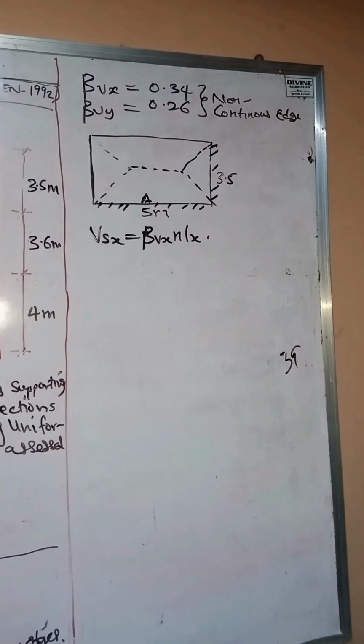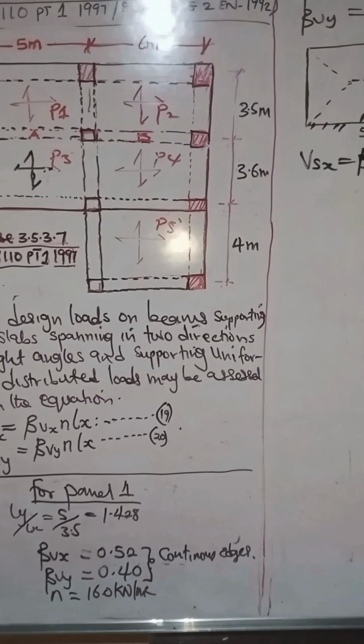So take note of the edge, which is beam A. Since we are loading the continuous edge, we'll look for our beta Vx value for the continuous edge. Now, if you look at it, the continuous edge will have our beta Vx value to be 0.5. So we want to load the continuous edge now.